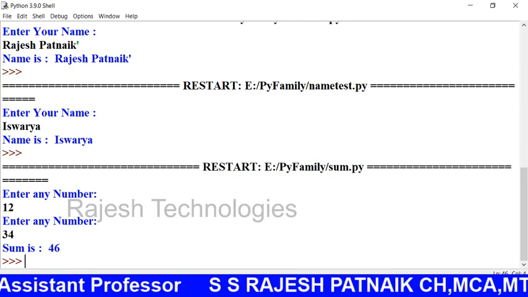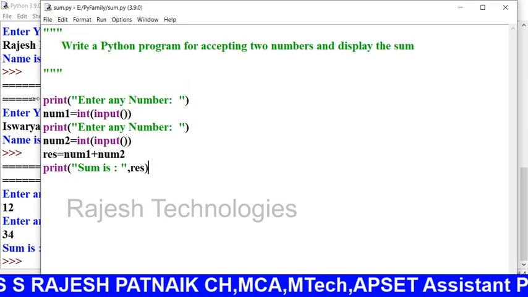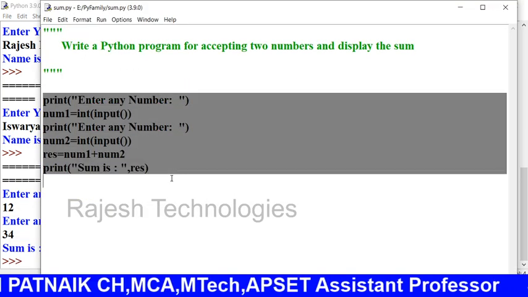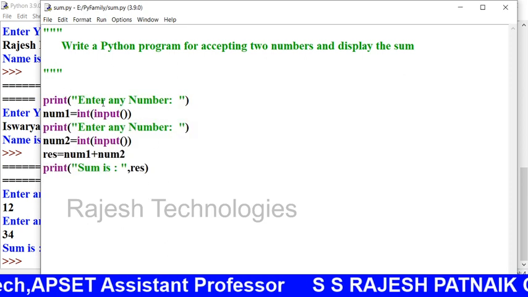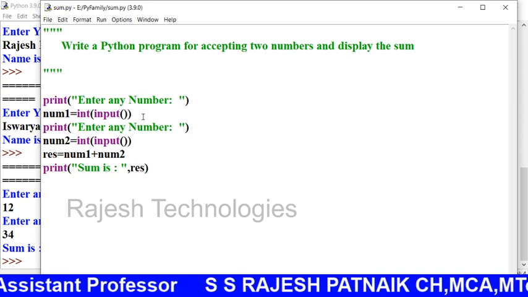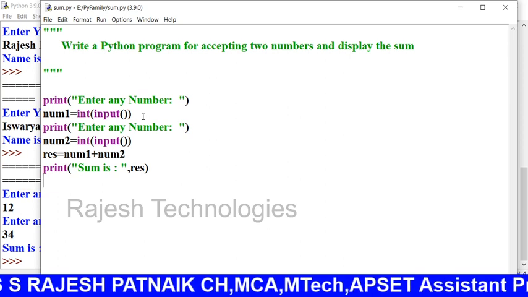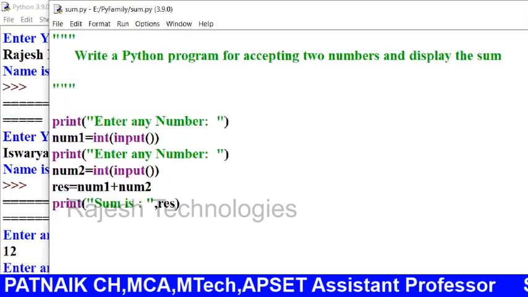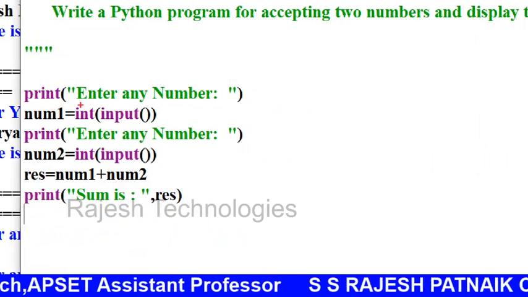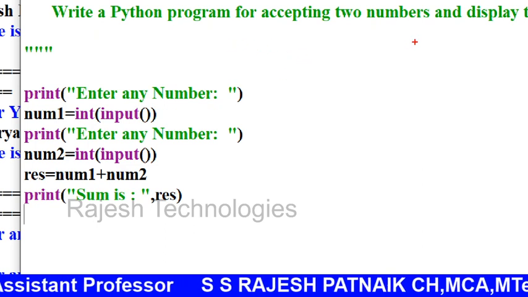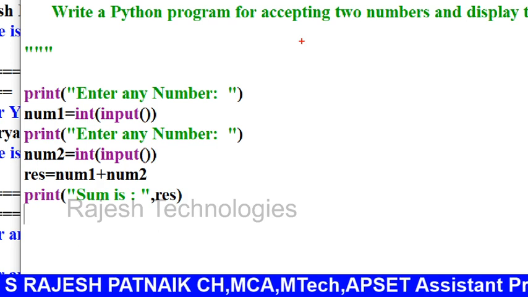Let me see what the program is, how it is going to execute. So these are the statements you wrote for the sum of two numbers program. Let me analyze the program. What is the first statement? Print enter any number. Enter any number is displayed in the output. You have two memories.